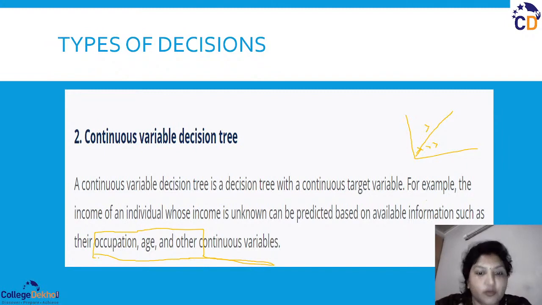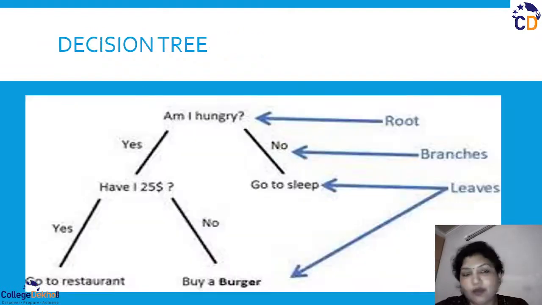Some figure should be there. The second question is: after 5 years, will my salary increase or not? This is a yes or no question, so this is a categorical type of decision tree. So there are two things: one is classification, when we have categories, and the other is a decision tree that calculates on a continuous variable.